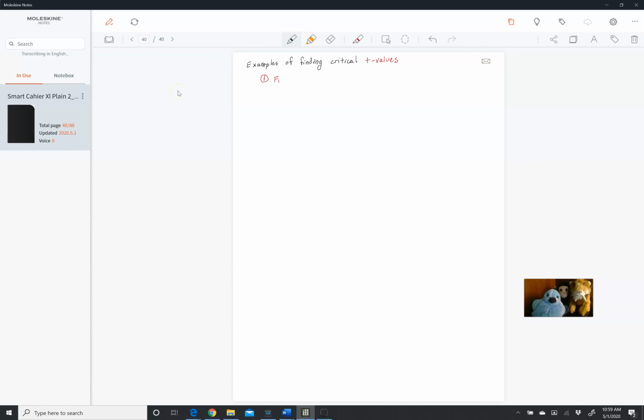So let's find the critical t-value for a left tail test.